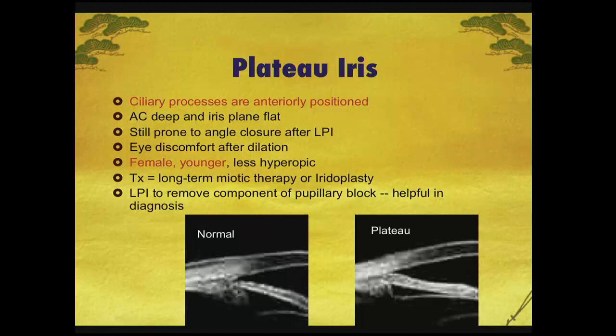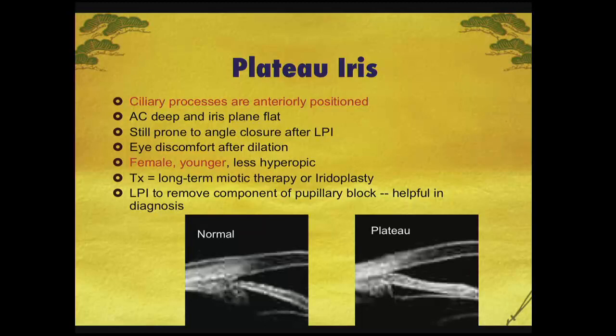These patients are still prone to angle closure after an iridotomy because the iris is so close to the trabecular meshwork. These patients frequently can have discomfort after dilation. They tend to be female and younger. They're not hyperopic like the primary angle closure patients. The long-term treatment is miotic therapy or iridoplasty, and we'll go over that in the last section.